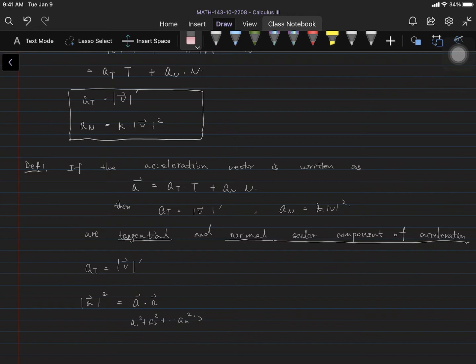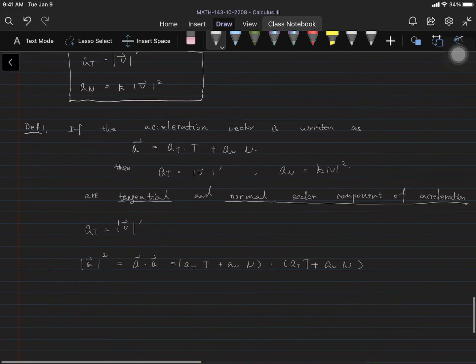So that is the length squared, a dot a. And right now we are going to write down a as a_t T plus a_n N.